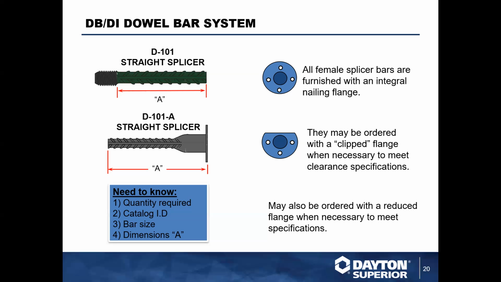The washer on that face is integral, and it is there for one purpose: to connect the DB to the formwork. Now we can clip that DB if need be, and we do a lot of times for bridge and highway work where customers are looking for concrete coverage. So we will clip the top of the rebar so that we can maintain concrete coverage.